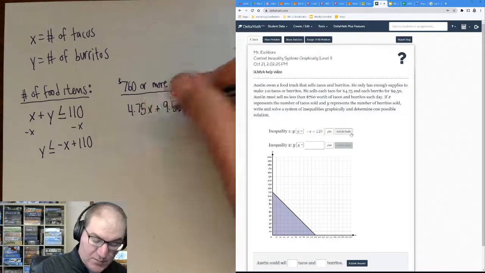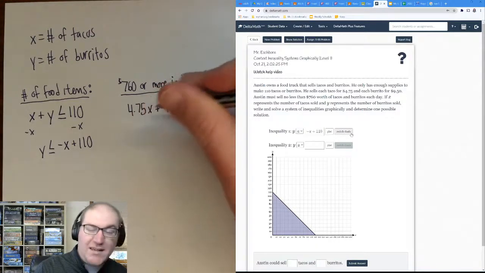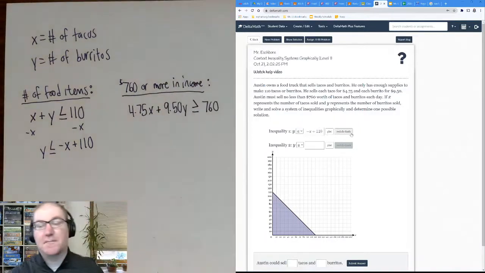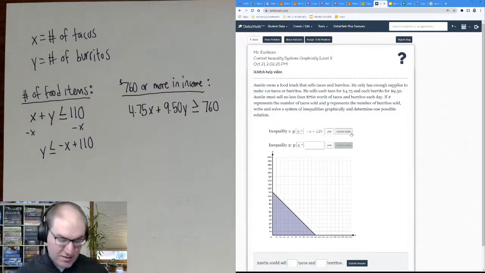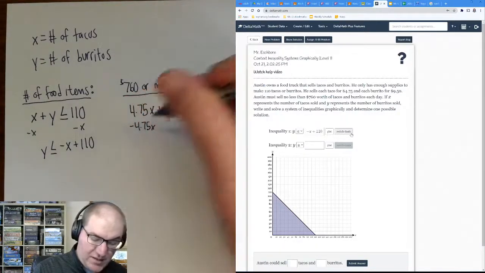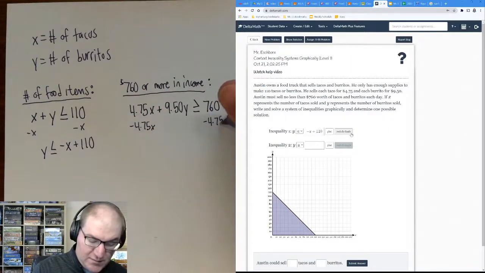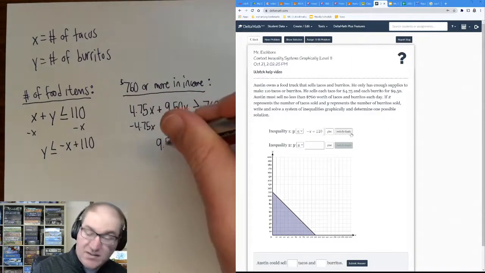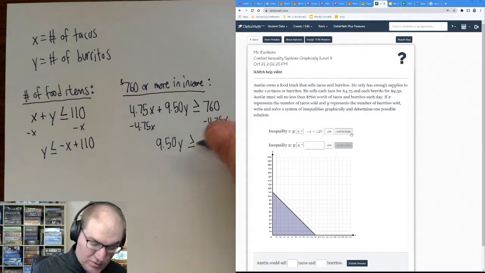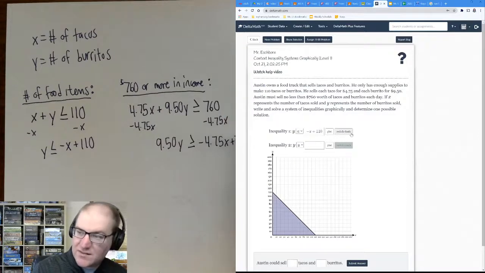And the money he makes off of each of them had better be bigger than or equal to 760. So let's get this one in terms of y. Let's do minus 4.75x to both sides. That would give us 9.50y is greater than or equal to negative 4.75x plus 760.